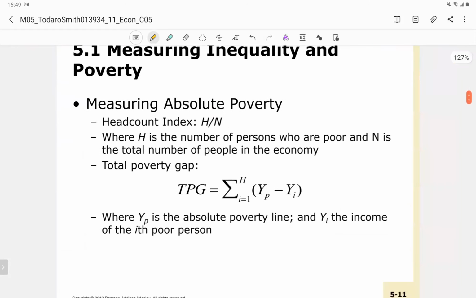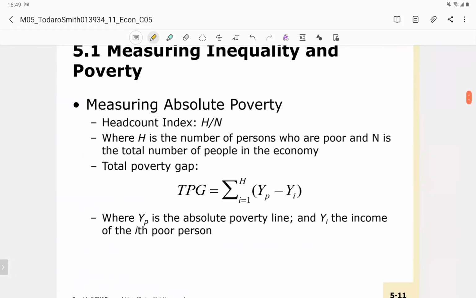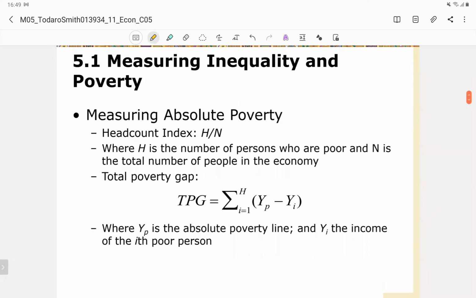Okay, and then the next one. We have talked about the size distribution, the Lorenz curve, and then the Gini coefficient. Now let's talk about some indexes. There are some indexes that we can use to measure poverty. The first index is the Headcount Index.